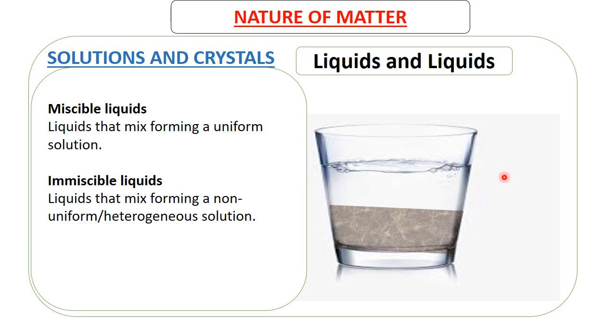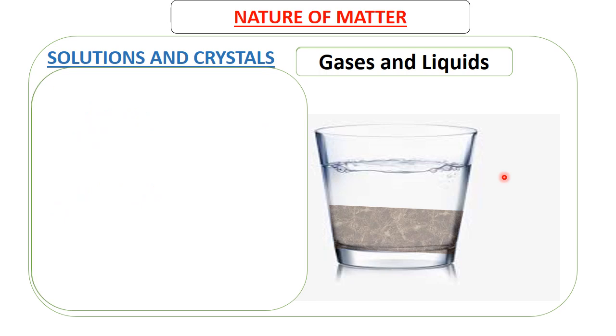The next thing we're going to concentrate on, maybe the last, is what happens when a gas is put into a liquid. What happens when you put oxygen into liquids? Or maybe the good question to ask is, how do fish breathe? Since there are no gases in the water, how do fish breathe? Of course, gases dissolve in water. Most of the gases actually dissolve in water.